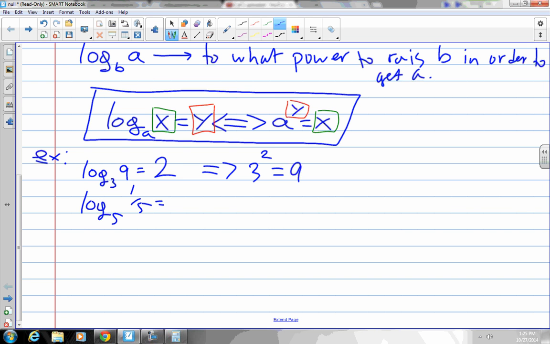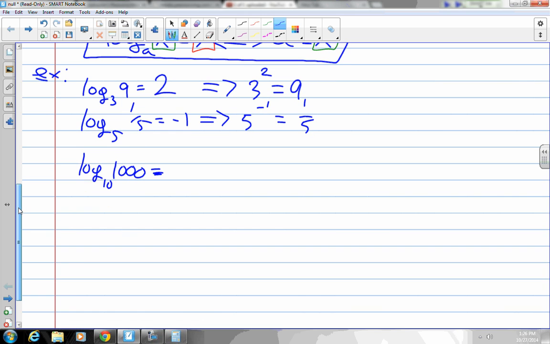The answer is negative 1 because 5 to the power negative 1 does equal 1/5. Is that okay? How about log base 10 of 1,000? What do you think that equals? 3, because 10 cubed is 1,000.